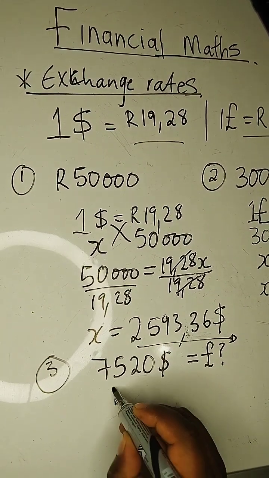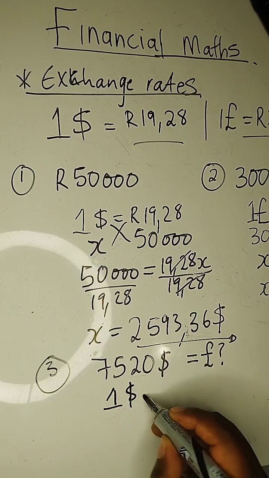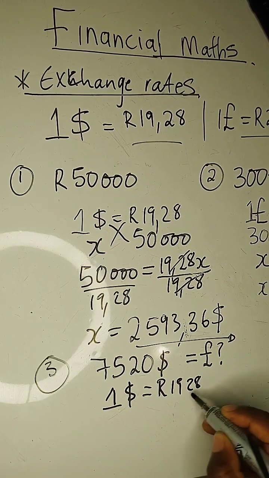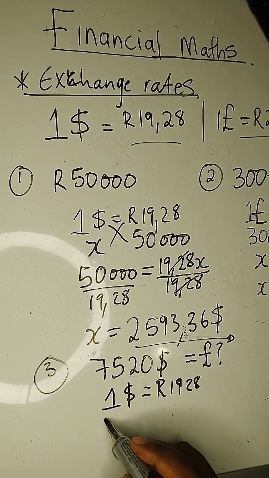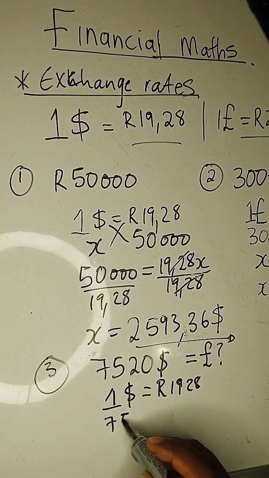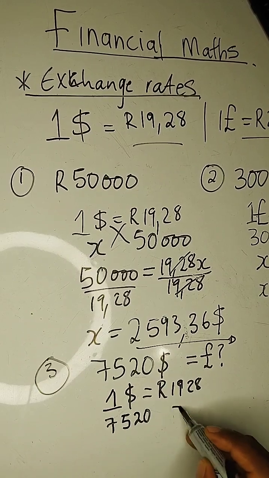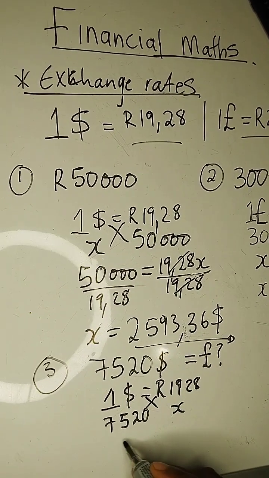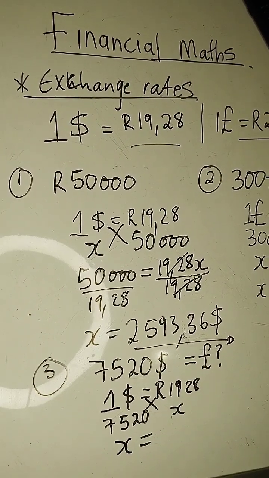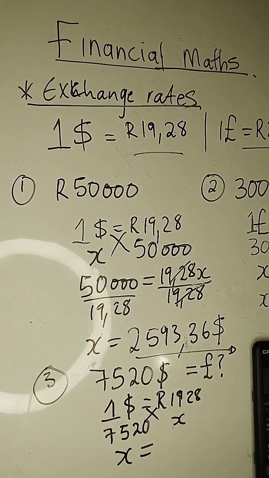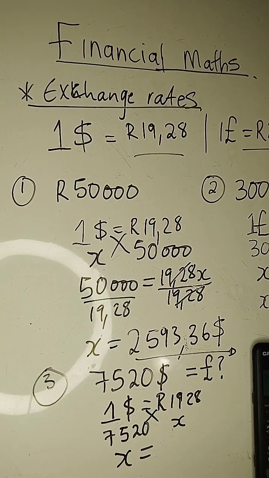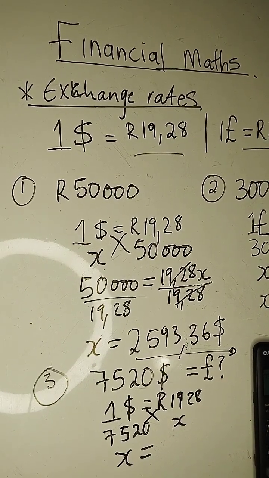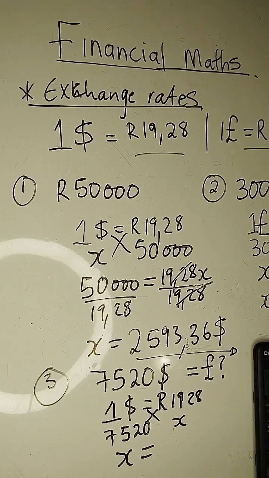You say $1 is equal to 19 rand 28. Then you insert here 7,520. You have x, so you cross multiply. You say x is equal to, then you multiply 7,520 multiplied by 19.28.